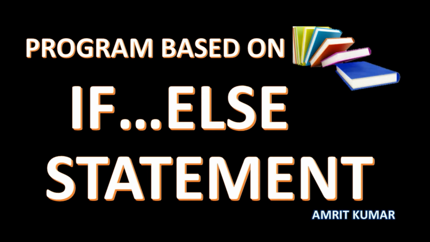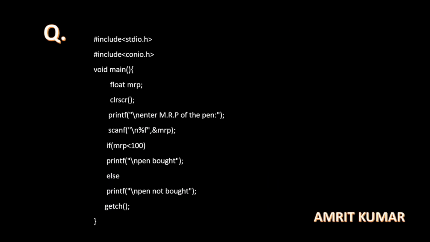So let's move on. Here I have a question which is based on the if-else statement. Here we use #include <stdio.h>, which is the header file, and you have to use this.